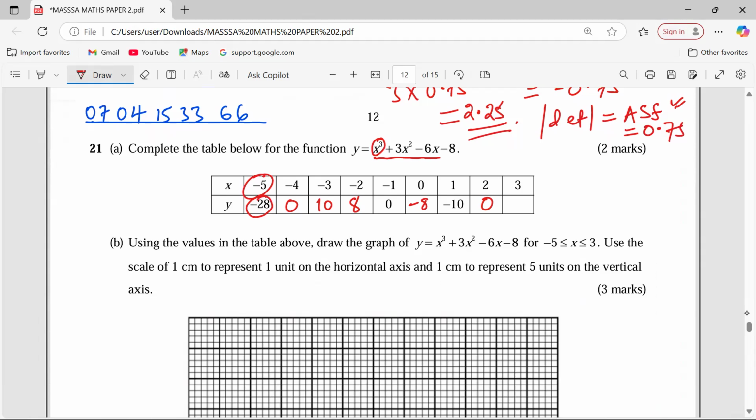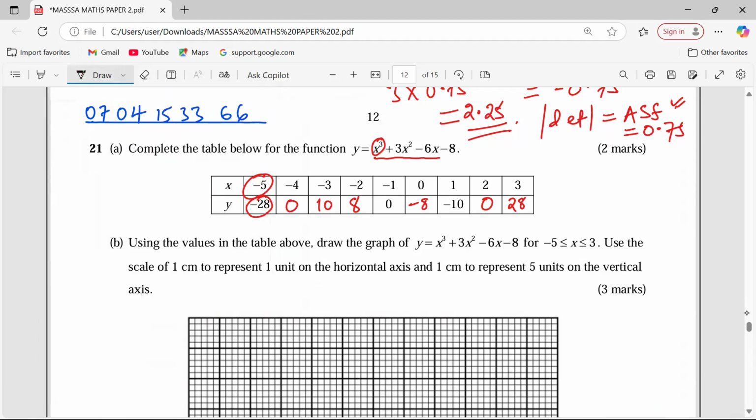Then at positive 3 now, 3 power 3 plus 3 into 3 squared minus 6 into 3 minus 8. This is going to be positive 28. So we have now all the values properly computed. You use a calculator very well to come up with all the values.